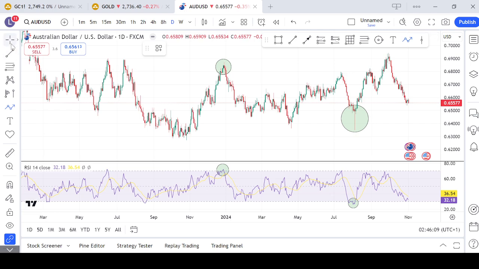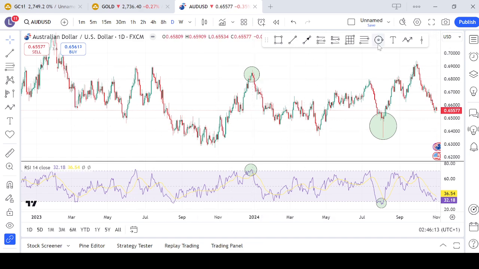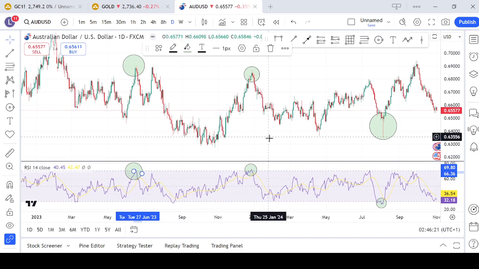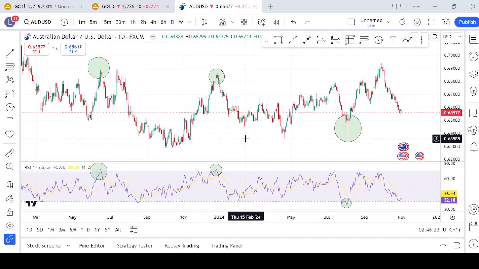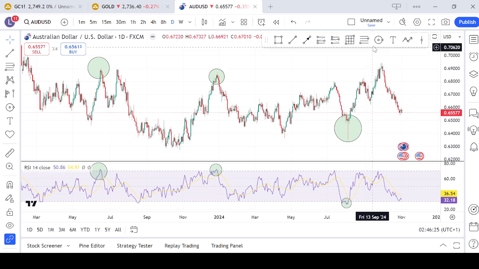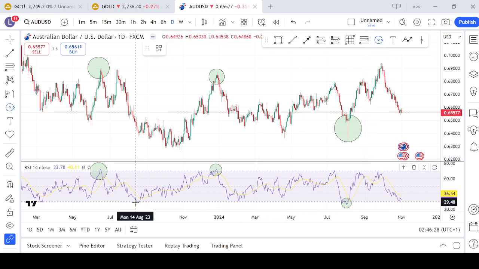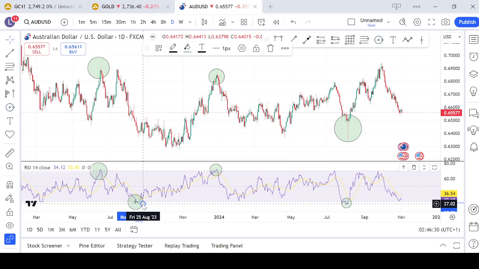So that's how you can use the RSI to spot overbought and oversold conditions in the market. You can see this one, see another one right here. RSI going above 70 indicates overbought. See this, but price consolidated a lot right here.